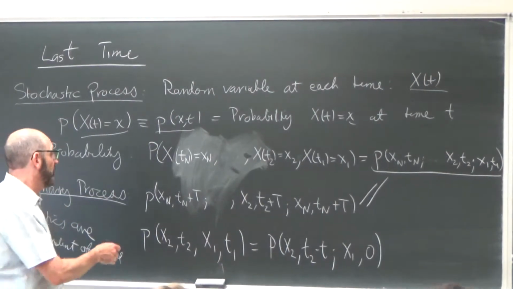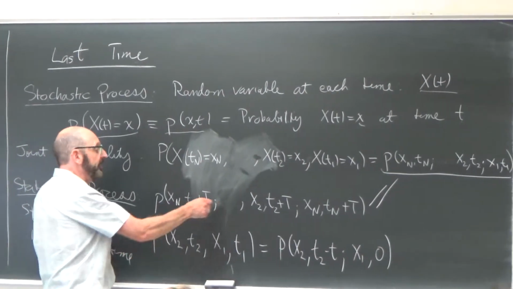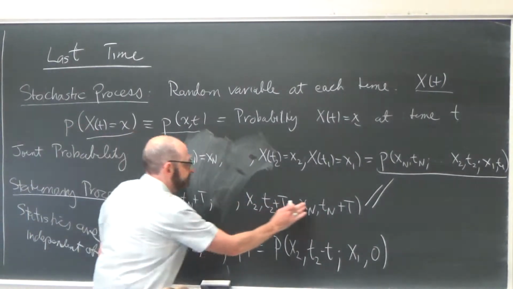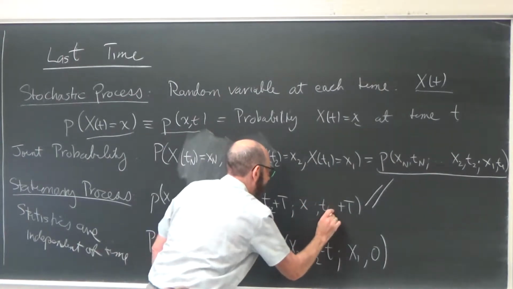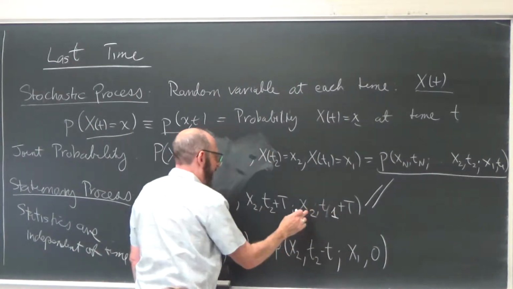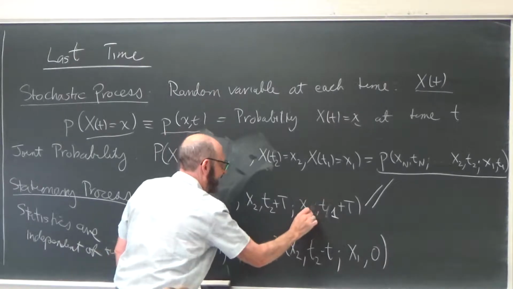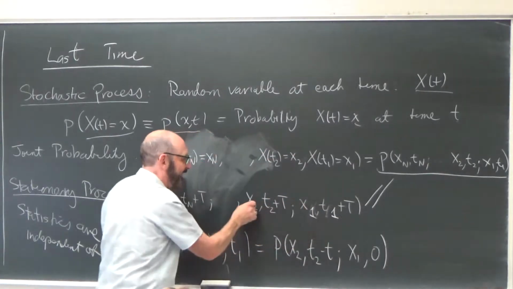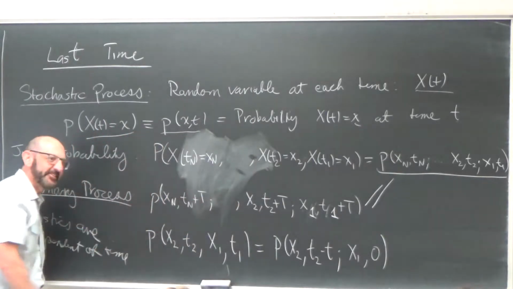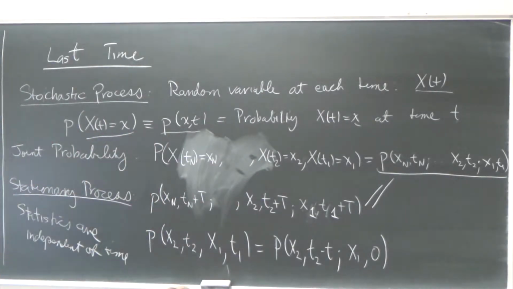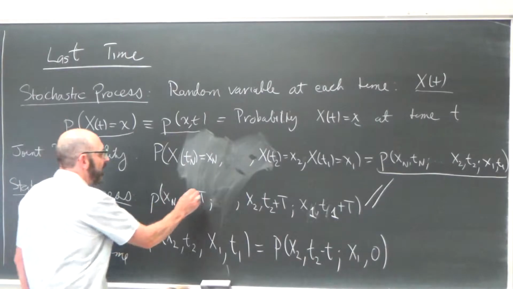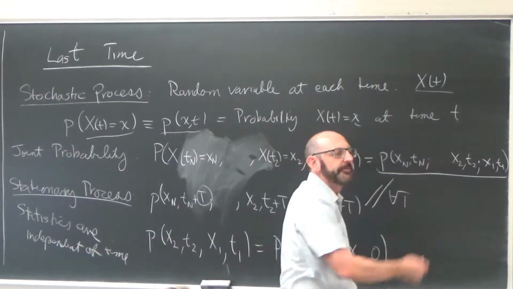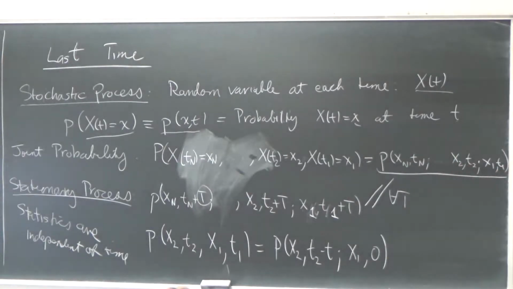Okay, so the probability for these events to happen with outcomes x1, x2, x3, and so on up to xn, if I shift time by some amount, capital T, for all time t, I'll get the same probability distribution.